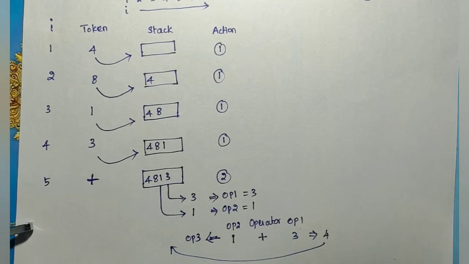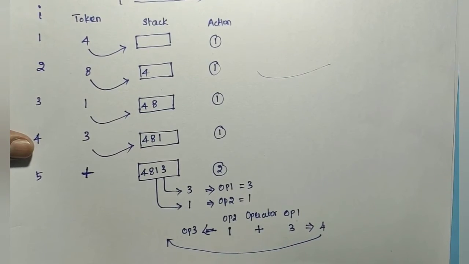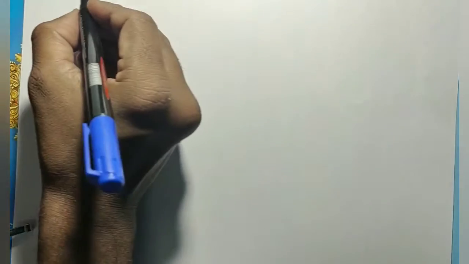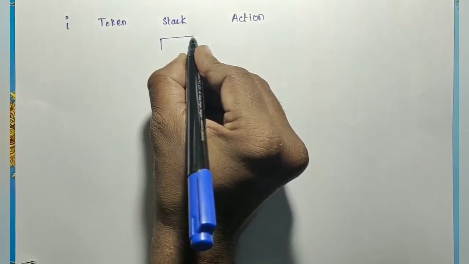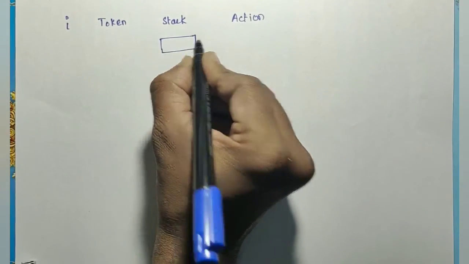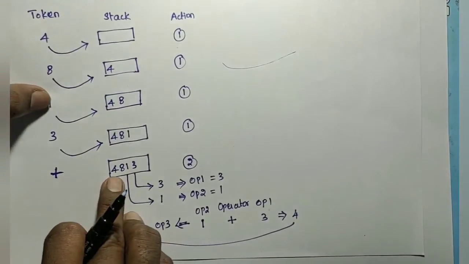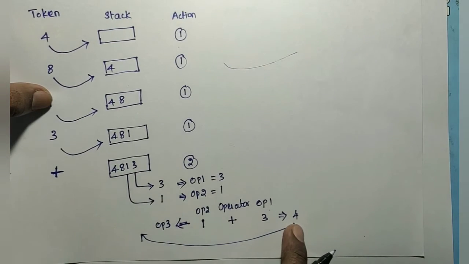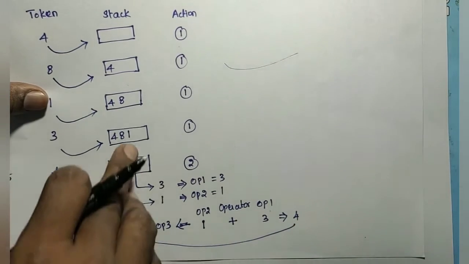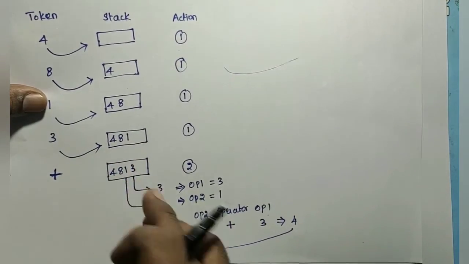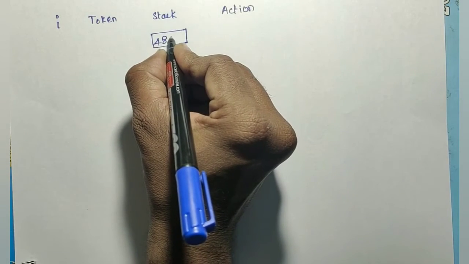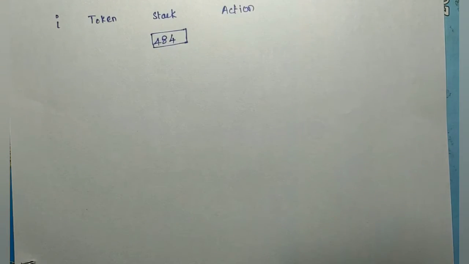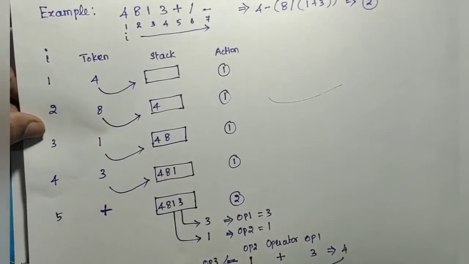So the stack content now will already have the 4, 8, then the newly calculated value, that is 4, will be pushed, and the 1 and 3 get popped. So 4, 8, and 1 and 3 is popped, instead the result is there in the stack, that is 4. So the next element, that action is over.